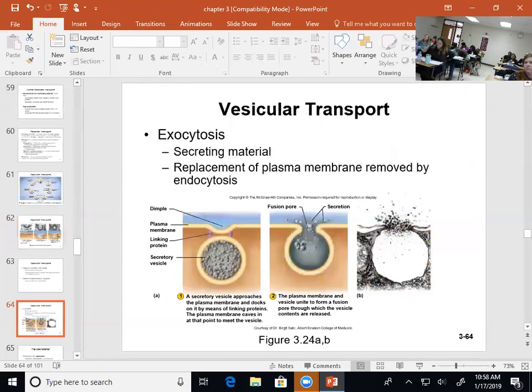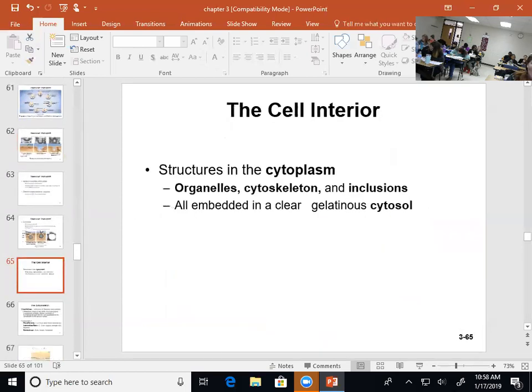But the reverse happens as well, where cells make products. I told you your cells are factories. This launches up to the membrane surface and then excretes. This is an actual picture of a vesicle that had been made inside the cell, going to the surface of the cell and now releasing its products, right? So our cells are all secretors. They really are. They can all secrete.